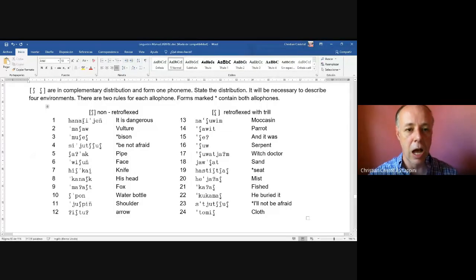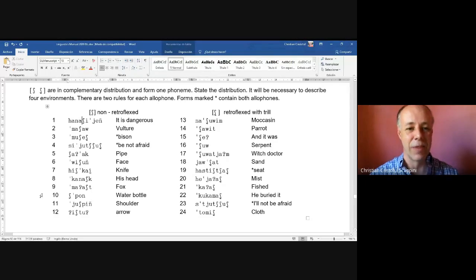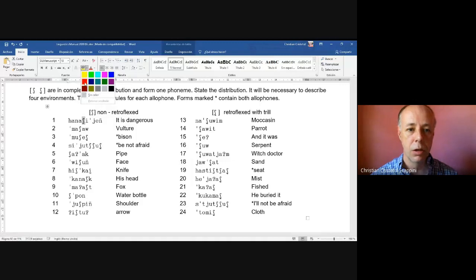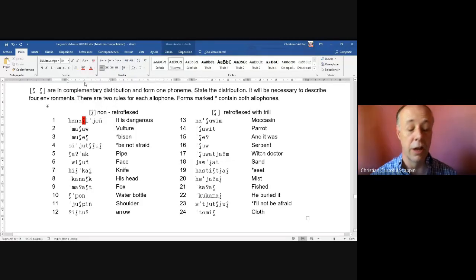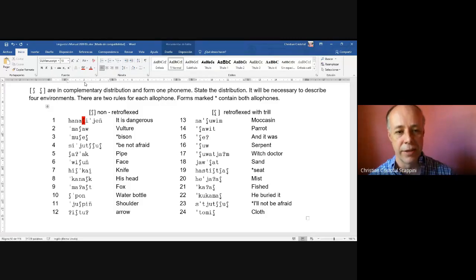Let me see. I will start doing my T diagram now. This one occurs in word initial, syllable initial position. Okay, so it is syllable initial. This one occurs in syllable initial too. But remember that we not only look for the location of the sound, but we also look at the adjacent sounds.